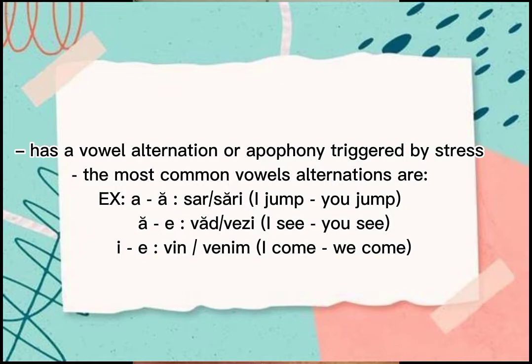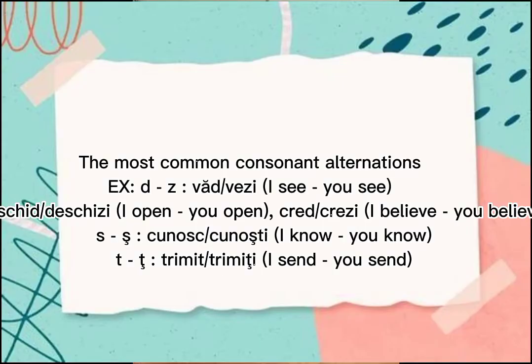The IE turns into E. For example, vin and venim, which means I come, we come. While the most common consonant alternations are D turns into Z, for example, vad, vezi, which means I see, you see.